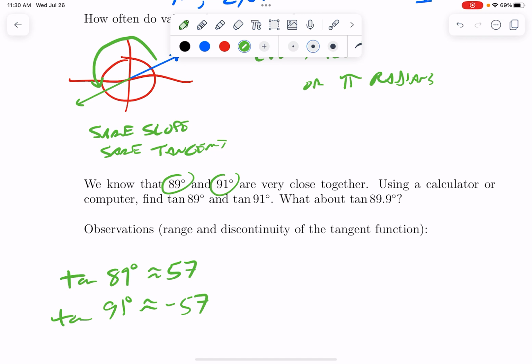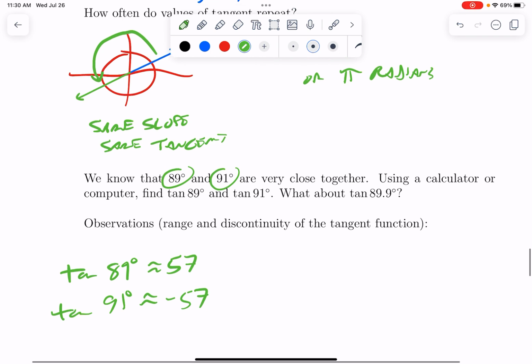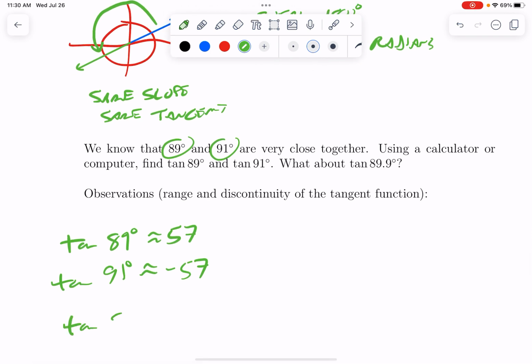These are pretty big. Remember, sine and cosine never get bigger than 1. But values of tangent can be very big. What if I did tangent of 89.9 degrees?